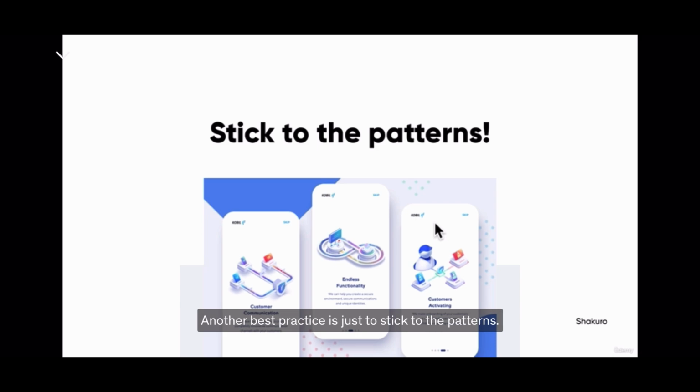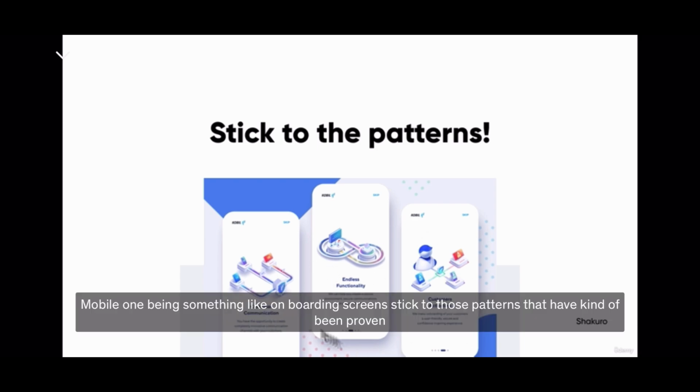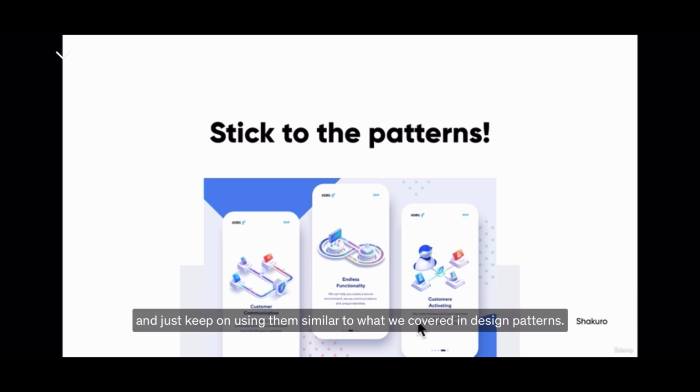Think about the types of patterns that we normally see, like onboarding screens. Stick to those patterns that have been proven, and just keep on using them, similar to what we covered in design patterns.